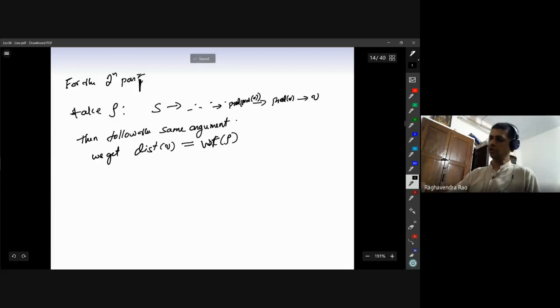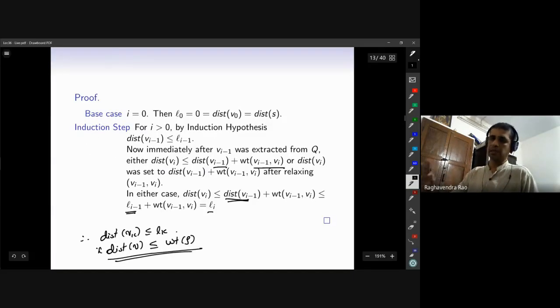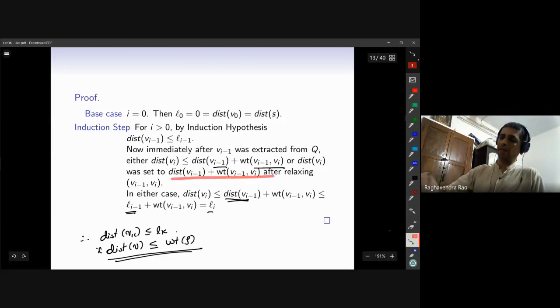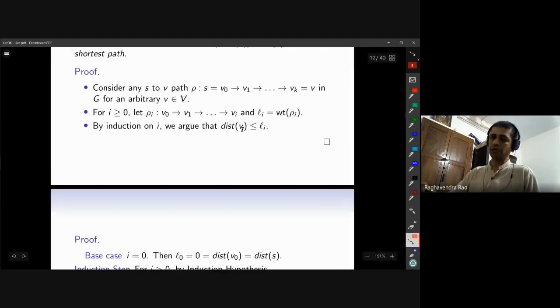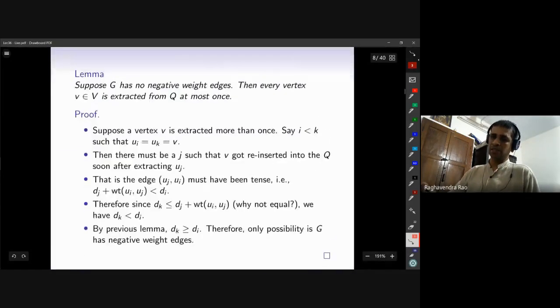If you repeat the same induction proof argument, you'll see that at every point here this update happened, so this will hold with equality, because we have taken that particular path. So how did we define the predecessor relationship? If we had defined predecessor of Vi as Vi minus 1, how did we set that?